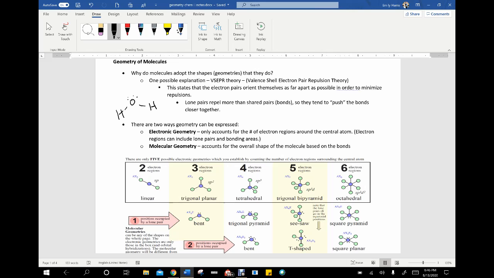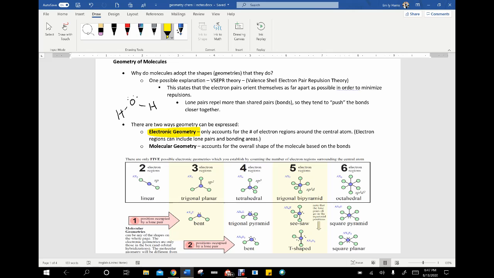Now, when we're looking at geometry within VSEPR Theory, there are 2 ways that we can classify it. We can classify the geometry based on the electron regions. We simply look at the central atom and count the number of electron regions around the center, which is anywhere we see electrons.